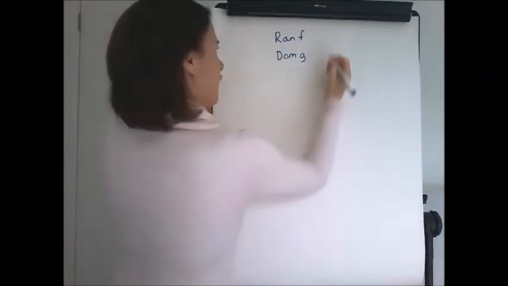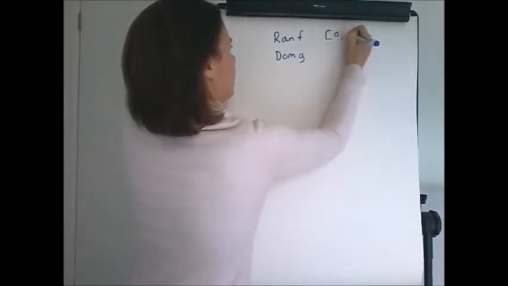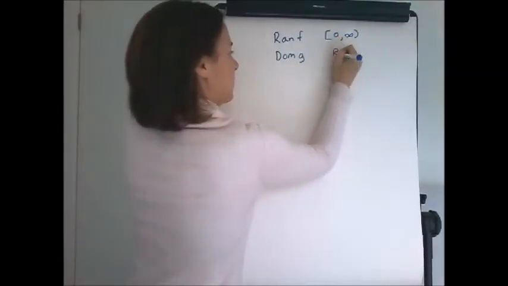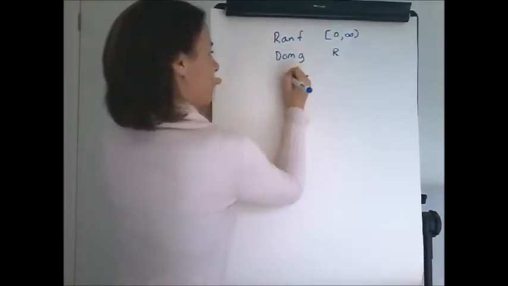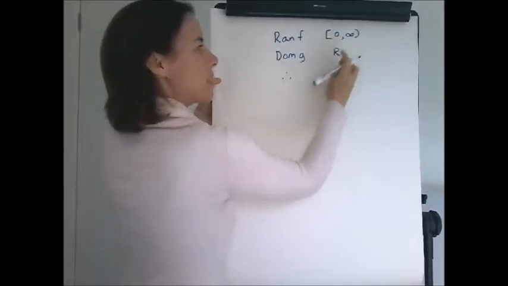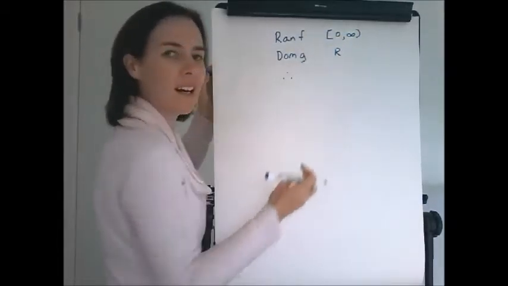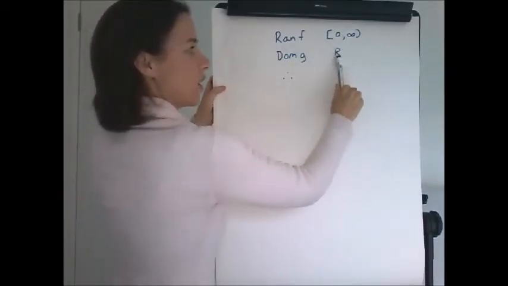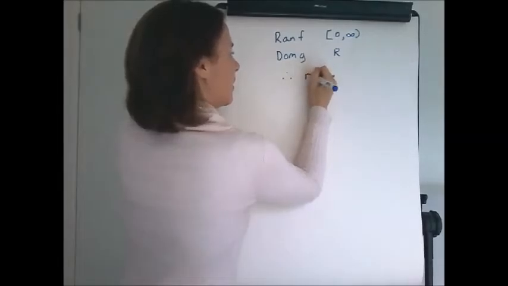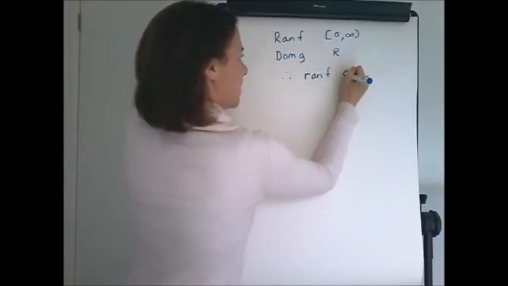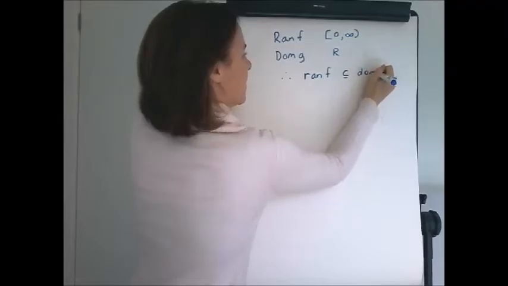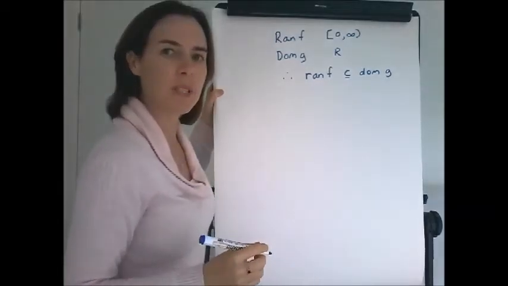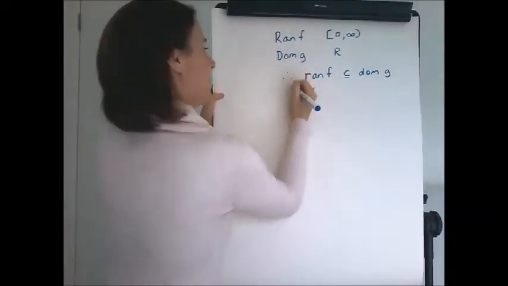Now the range of f is 0 to infinity, and we found the domain of g was R. Therefore, this must be a subset of this, must be contained within R, it must be totally within, and it is. This is totally within R, therefore the range of f is a subset of the domain of g. No part of this lies outside of all real numbers, so it's satisfactory.